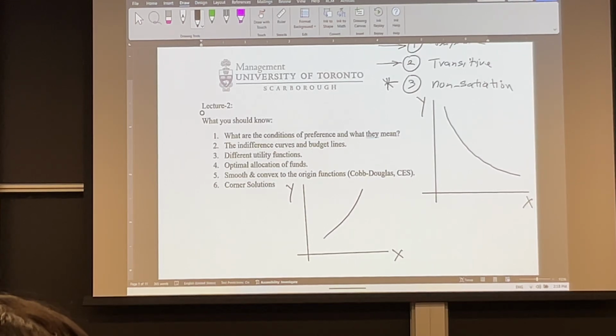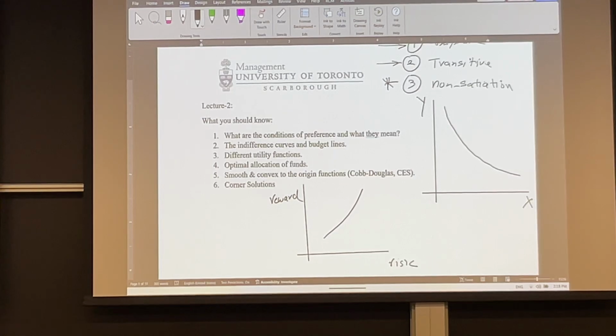Say if this was risk and this was reward, that's fine, that's a correct indifference curve for risk and reward. Make sense? If someone gives you more risk, you need more reward to be as happy.